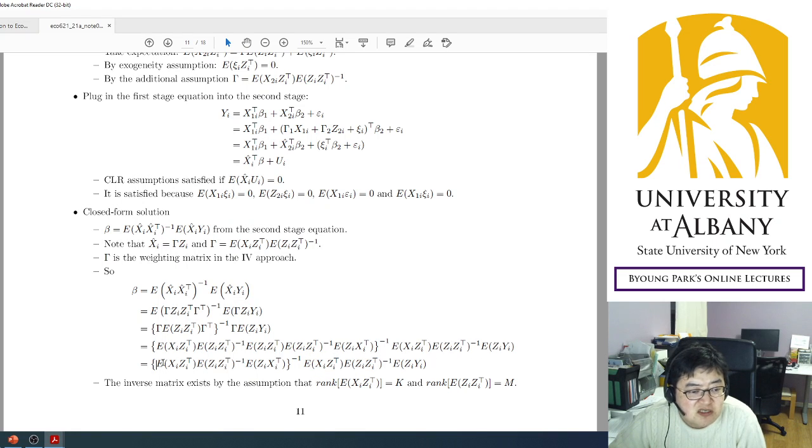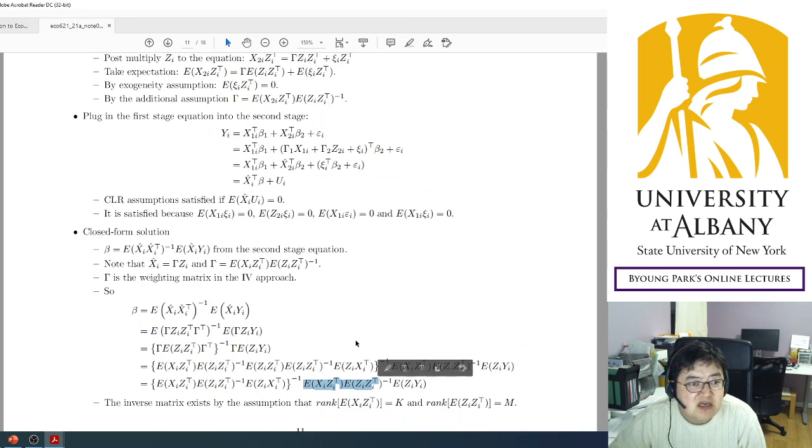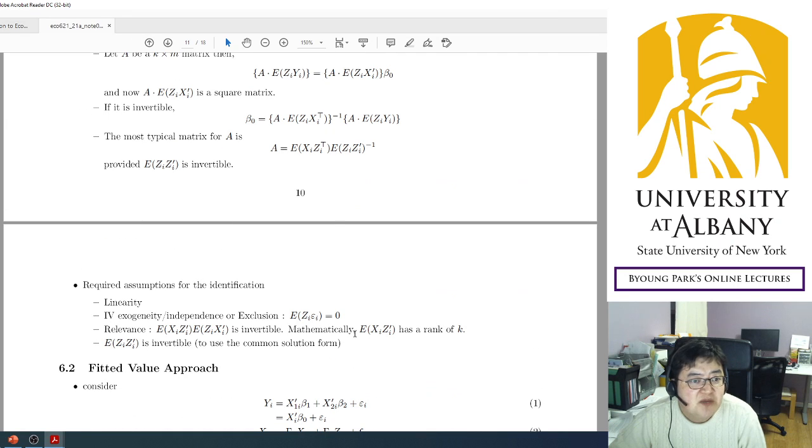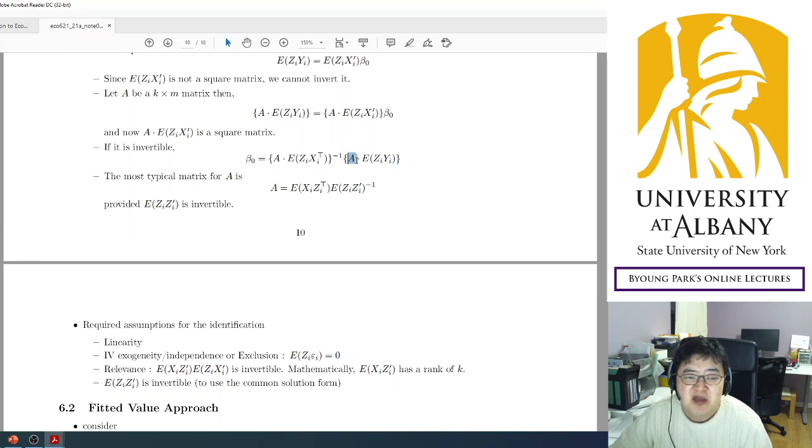This part and this part are the same: something inverse times something. What it means is what we learned here. When I introduced the first approach, I told you that you have to multiply a weight matrix to match the dimensions. I could not explain why, but I told you that the commonly used matrix for A is this.